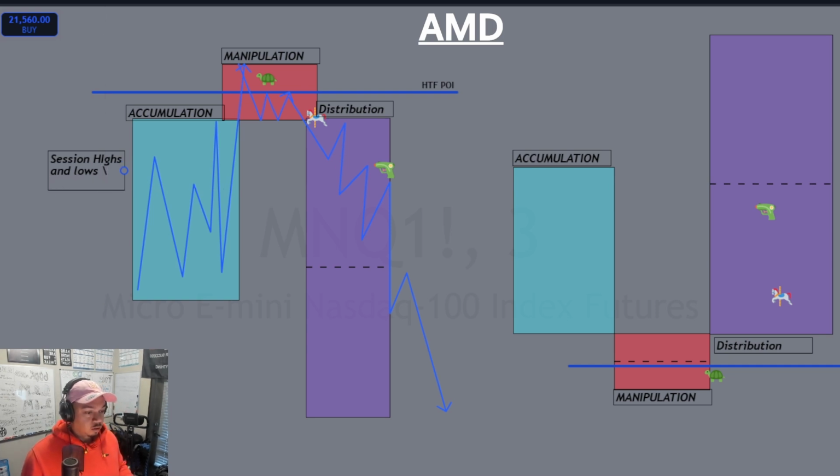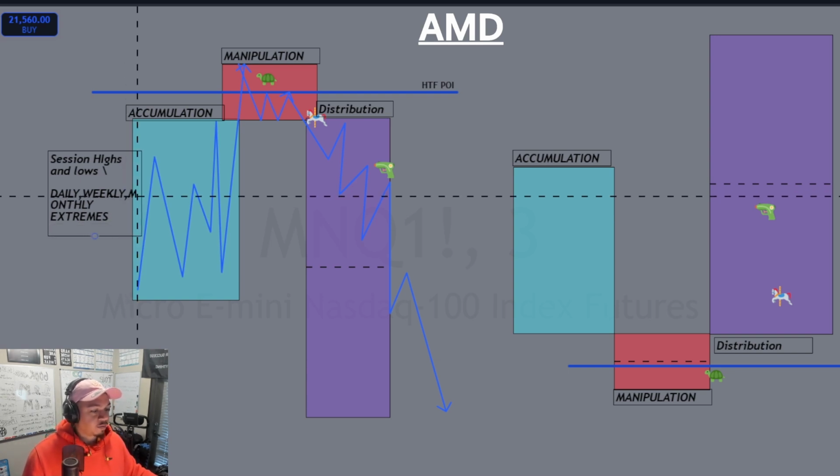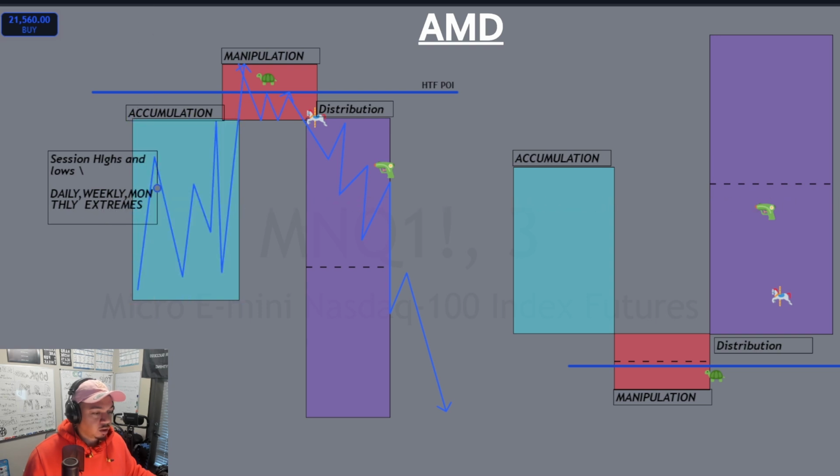Aside from session highs and lows, we want to see daily, weekly, monthly extremes. So that's the highs and lows. And then additionally, you can use like 1 hour, 15-minute highs and lows as well. So there's a large range of highs and lows which you can use.